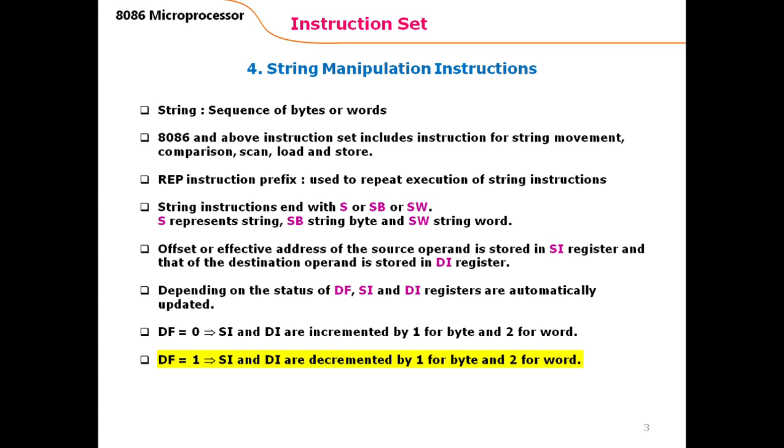And as I said, when DF is equal to 1, if the string instructions are used with a double word, then the decrement is 4. If they are used with quad word, then the decrement is 8. That is, 8 is subtracted from source index and destination index. So basically, this direction flag sets whether the offset addresses are increasing or decreasing. So it sets the direction.